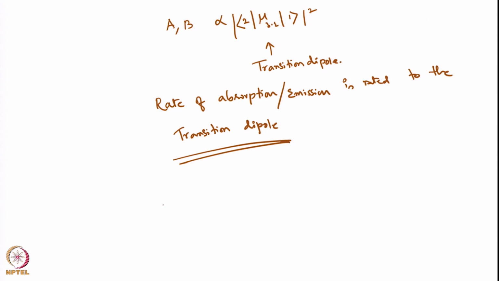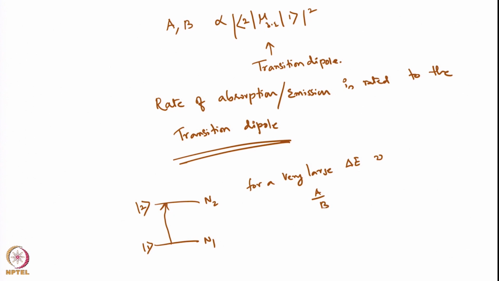Let us suppose you have a ground state 1 and excited state 2, and you have N1 and N2. Okay. Now, if you excite from ground state to excited state for a very large delta E, and we know as the large delta E increases, nu also increases, or very large nu, which means your A by B is proportional to nu cube.